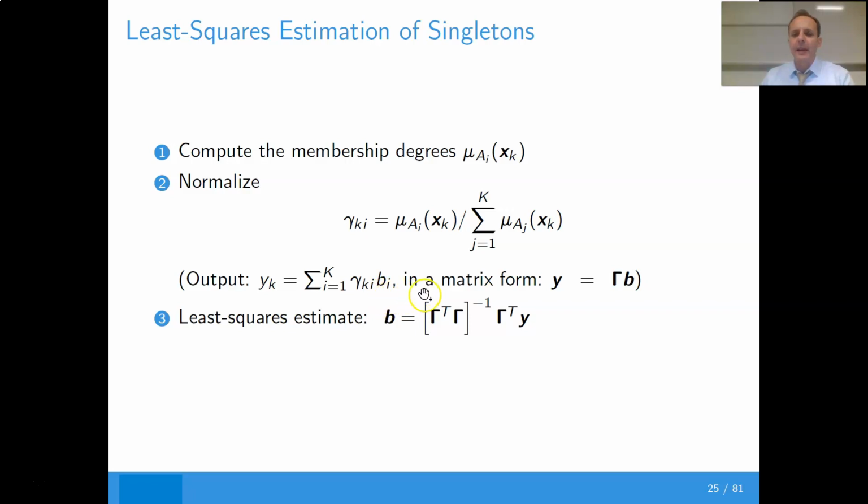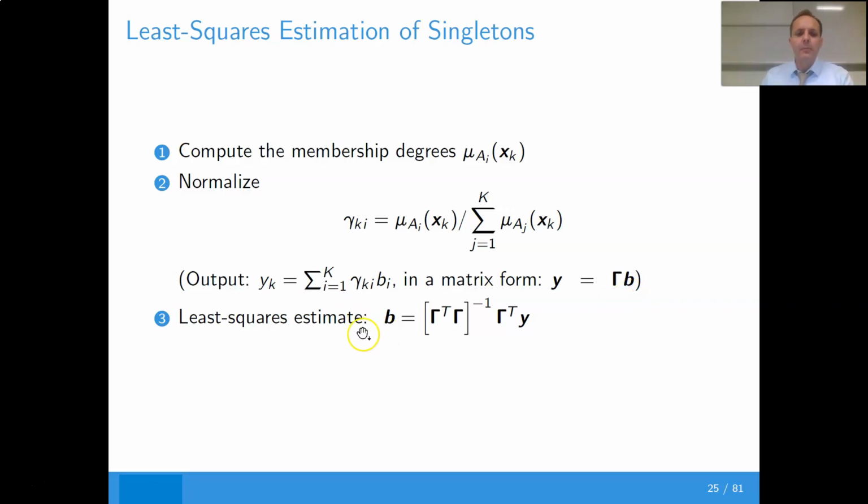and it can be rewritten in a matrix form if you collect all the outputs, the independent outputs, in a matrix gamma and a vector b. So you have y equal to gamma b, where gamma is a square or a rectangular matrix, and b is the vector of the unknowns.